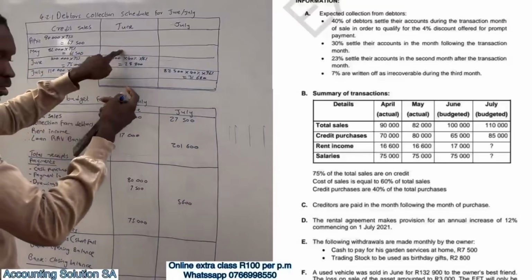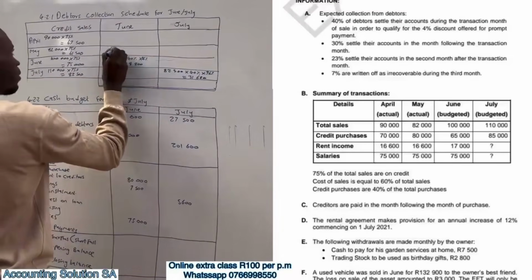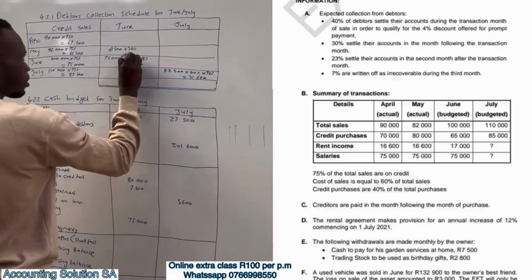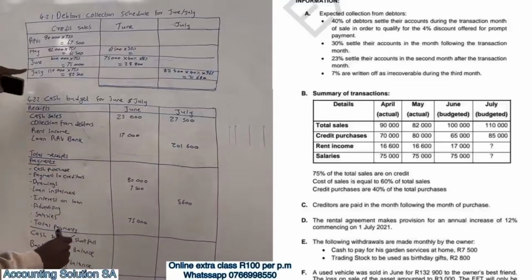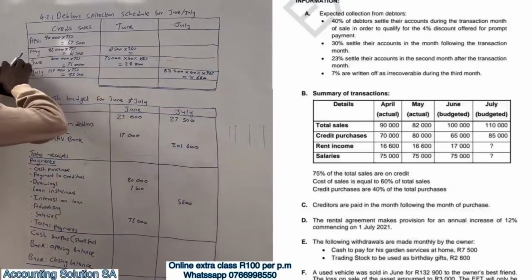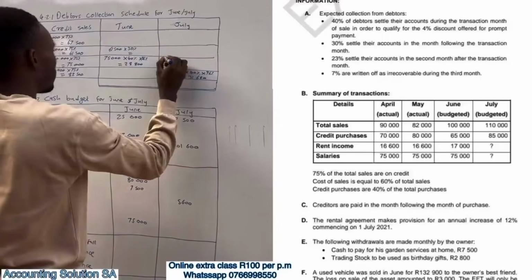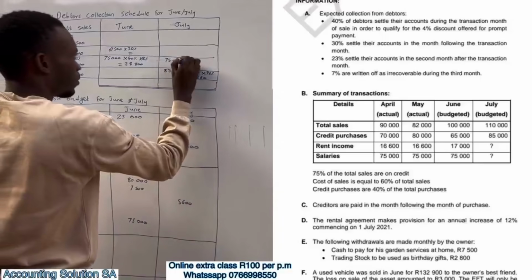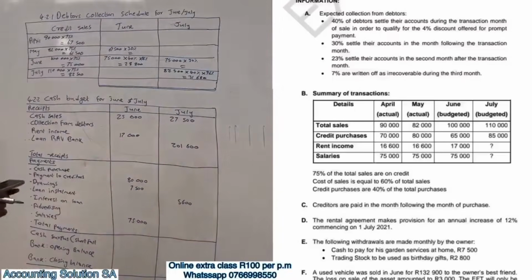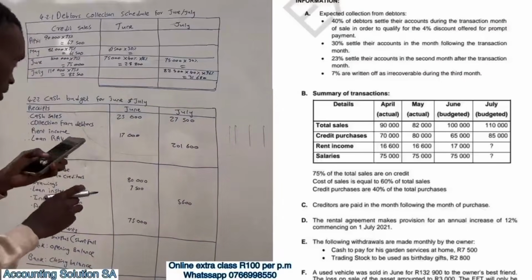And the following percent here is 30%, which means that we're going to say 61,500 multiplied by 30%. There is no discount here. And the other one, June and July: the month following June is July, which means that they meet here. We're going to say 75,000 multiplied by 30%, and it's going to give us an answer. Okay, let's write these answers first.